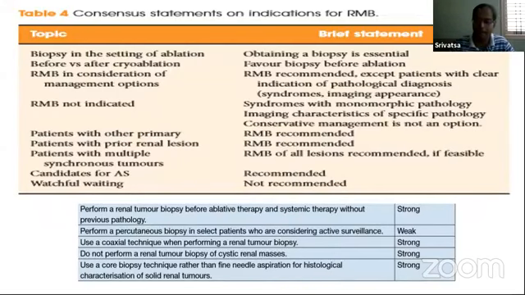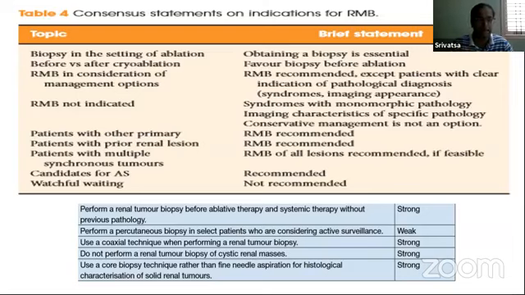This is having a lot of traction in recent time, the renal mass biopsy. Renal mass biopsy was not a standard procedure for the fear of tumor spillage, for the fear of bleeding, and for the fact that it would not probably offer much in terms of an indication to make a change in the way we manage the disease.